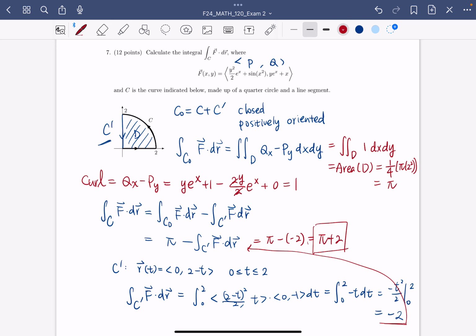Alright, so for a complicated vector line integral, I forgot to mention, this is Green's theorem.